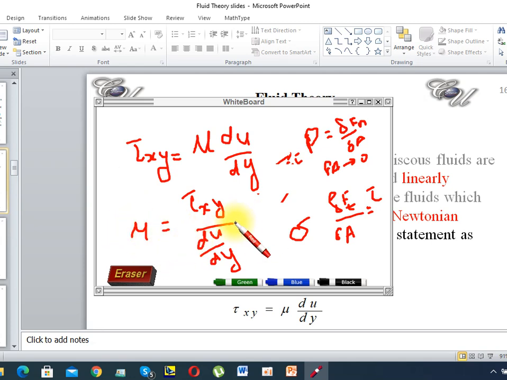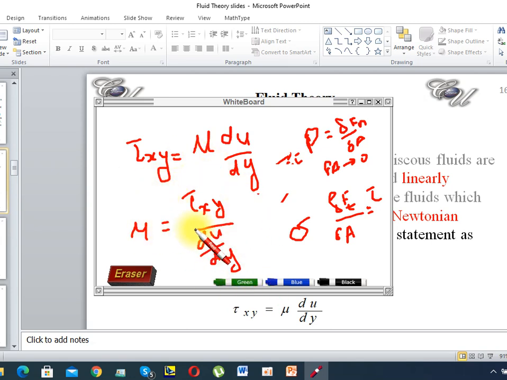So look at the dynamic viscosity: if you apply the stresses and deformation produces, and this property remains constant, so we call such fluids Newtonian fluids.